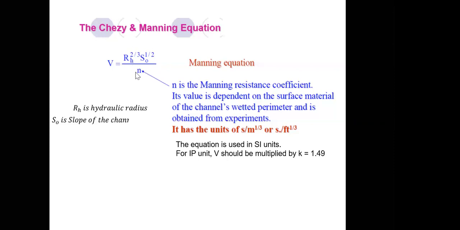But if you work with IP units, then you should put 1.49 in front of it. This is actually a conversion unit between SI and IP units. So if you use the Manning equation, you have to be aware of the units used for RH and the slope. The N value will remain the same, but if you use IP units, you need to put times 1.49 over here.